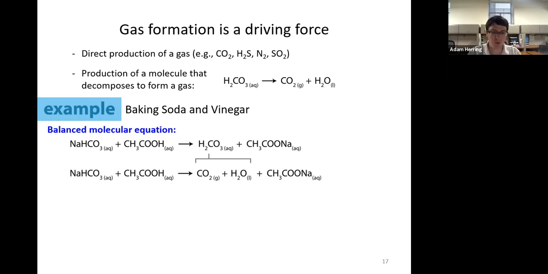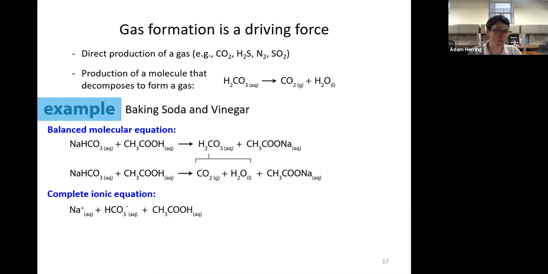For our complete ionic equation, sometimes called the full ionic equation, we need to dissociate any strong electrolytes which are water soluble. Sodium and the bicarbonate are an ionic pair. Since they're aqueous and the bond there is ionic, they fully dissociate. However, bicarbonate is not on your list of strong acids, and therefore it does not fully dissociate. Neither does acetic acid.